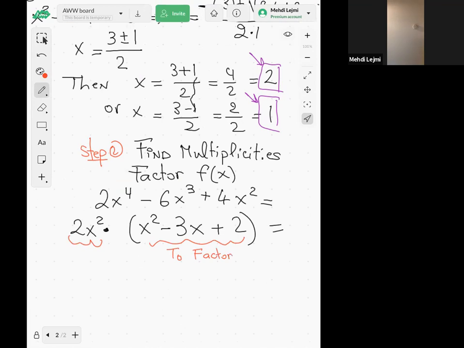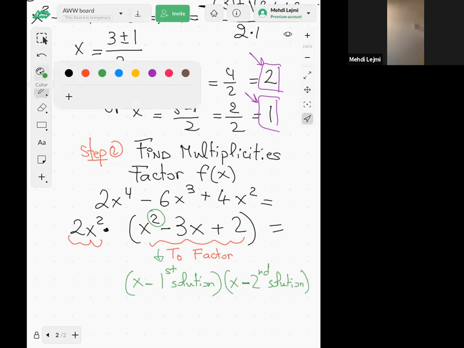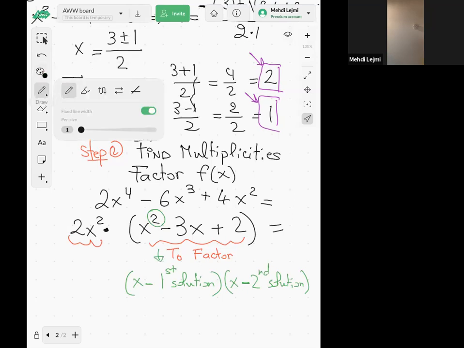All right, so we said, well, this is a quadratic, so we expect to have two solutions. So it should be x minus the first solution, right? And then times x minus the second solution, right? And of course, in front, I have this 2x squared.